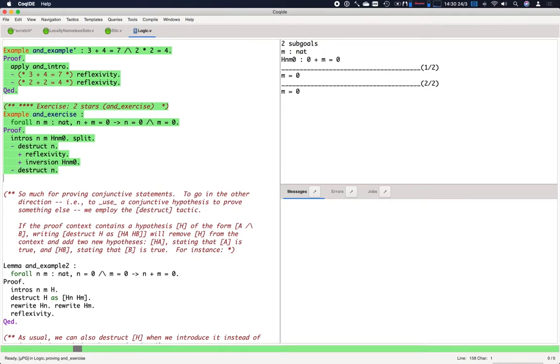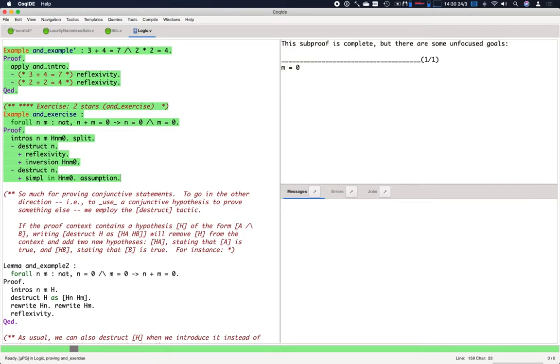And then in the other side we just do the same thing basically. We're destructing on n because it's the left argument of the plus, right? Because that's the one that's going to be productive, basically. This one sort of seems like this should be fine because we can simplify in HNM0, and then we've got the assumption, or we could apply HNM0 if we want.